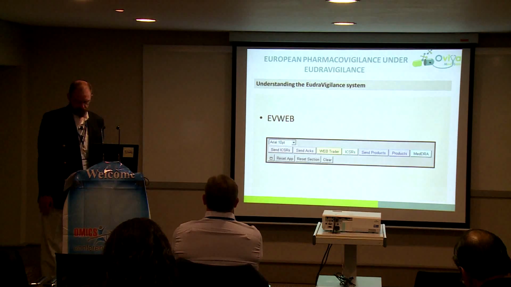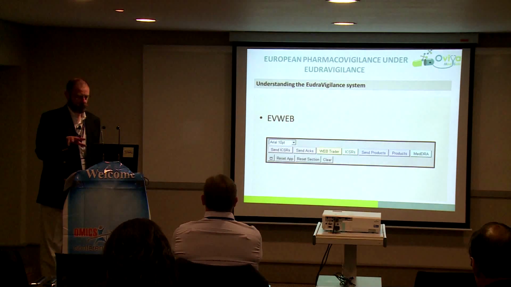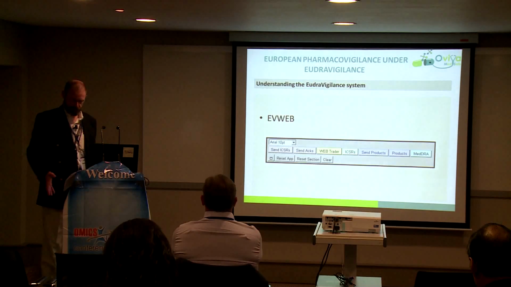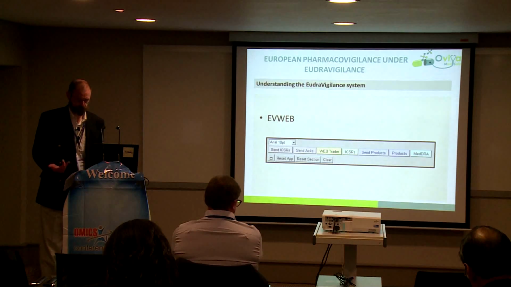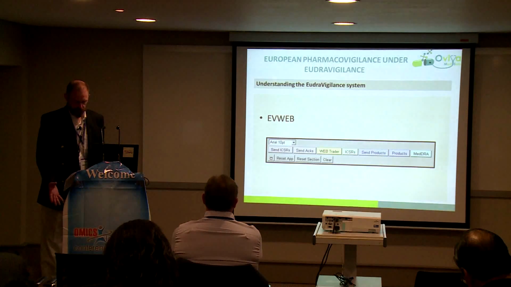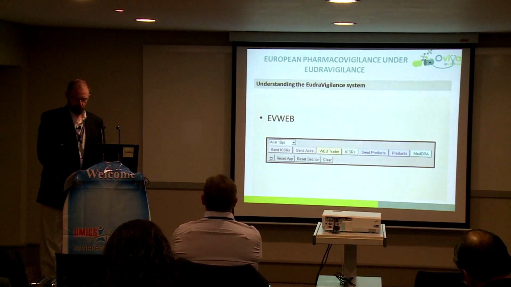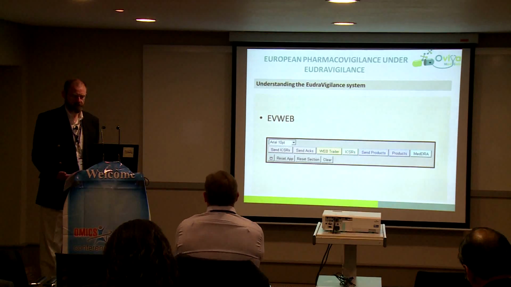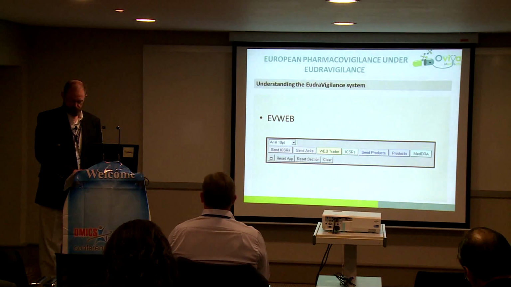Essentially the EV web looks like this on screen. You've got lots of pretty color buttons, and this is where the user training is obviously needed, which buttons you press when and so forth. This method is really only used where you have small amounts of data. Perhaps you have an unauthorized product that's been around for ages and ages.